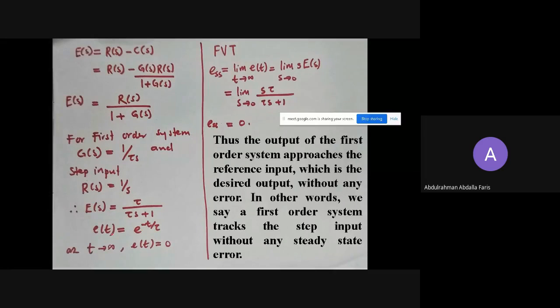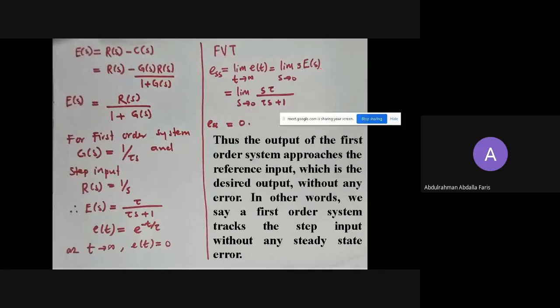For this one we showed, you just plug in infinity here and find e(t) is equal to 0. But we can also use the final value theorem. Steady state error is the limit as t goes to infinity of e(t), and remember, the limit as t goes to infinity of e(t) is the same as the limit as s goes to 0 of s E(s).